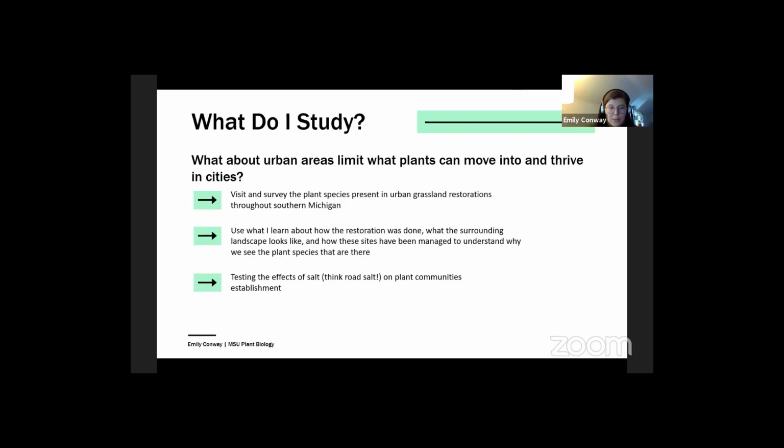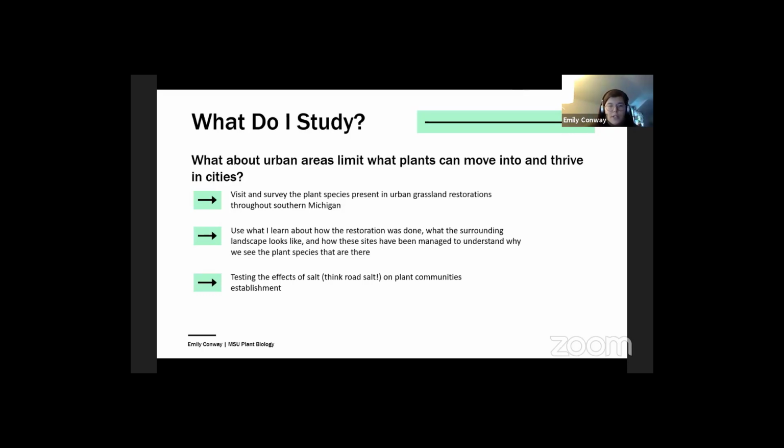Another thing that I'm going to be doing is testing the effect of salt. So think about road salt, especially in the winter, and how that affects plant community establishment. So we know that there's a lot of weird things about urban environments, right? We know they're hotter. We know that they have a lot of runoff from storm water, right? We know that there's not as many plants and there's not as many pollinators.